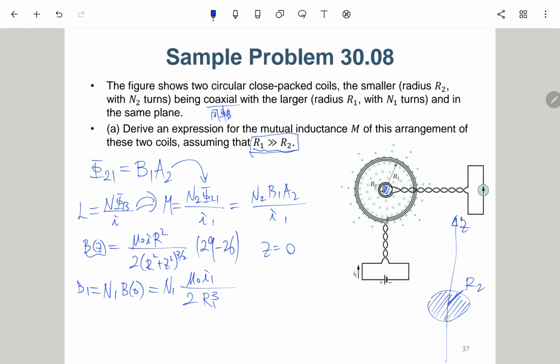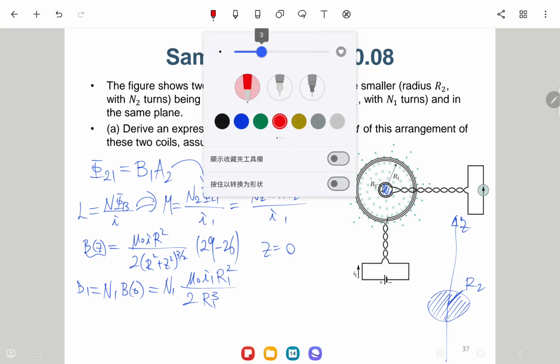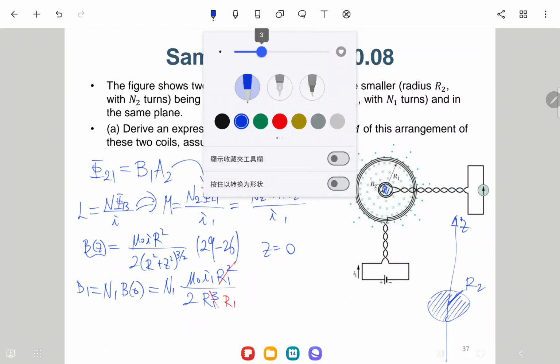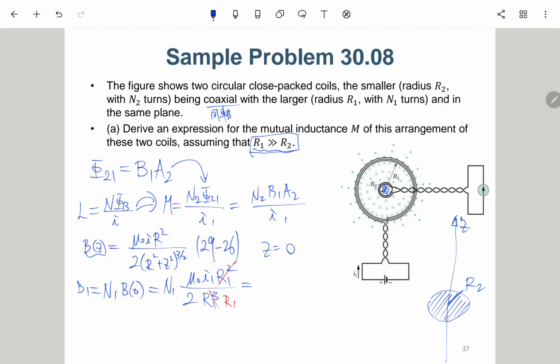I just forgot this R1 squared here. The R1 squared and R1 cubed cancel, so finally it becomes N1 mu 0 I1 over 2 R1. We have the expression of B1 up till now.